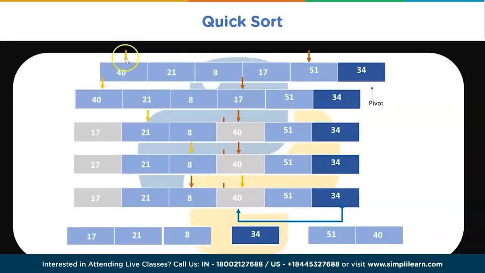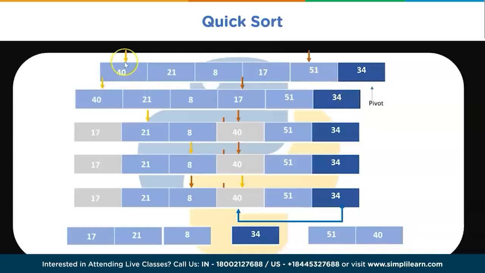Now I have taken two pointers, the orange colors, one on the left hand side and one on the right hand side. This is I and this is J. Now what is the job of the I pointer? The job of the I pointer is to find the elements which are greater than 34, and the J pointer is to find the elements which are less than 34.